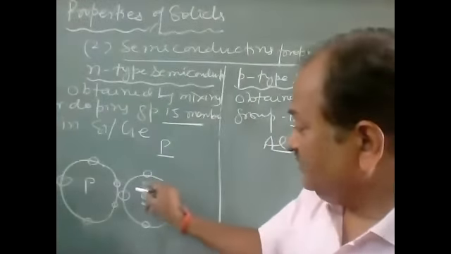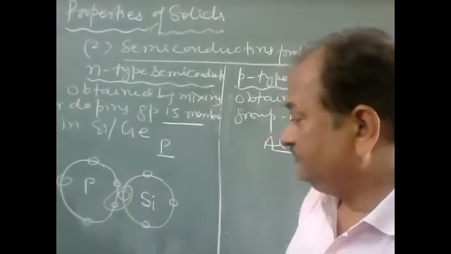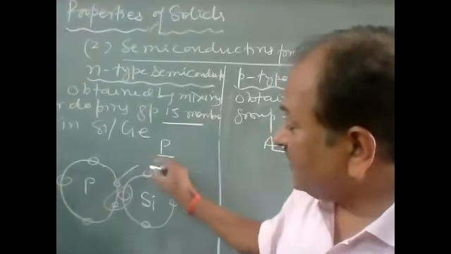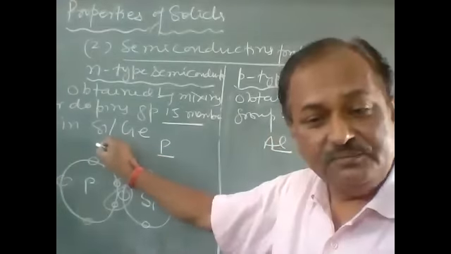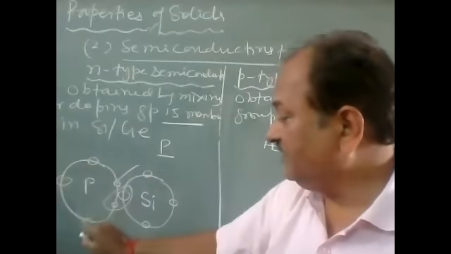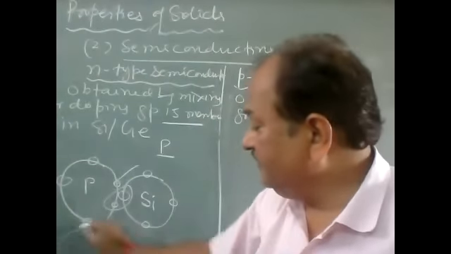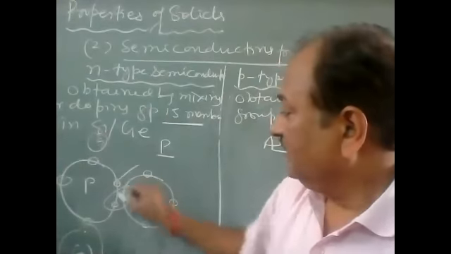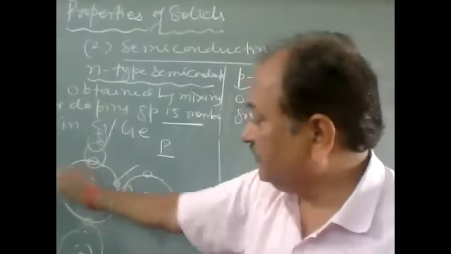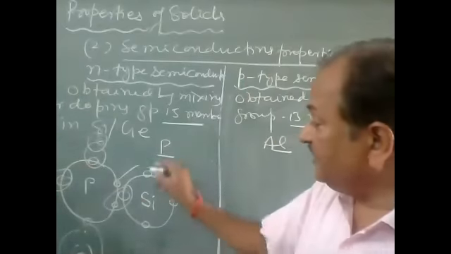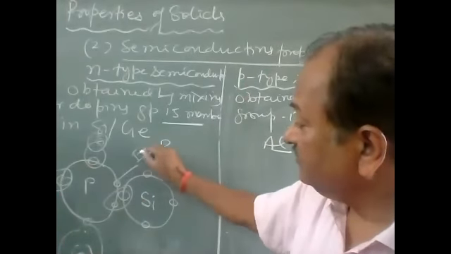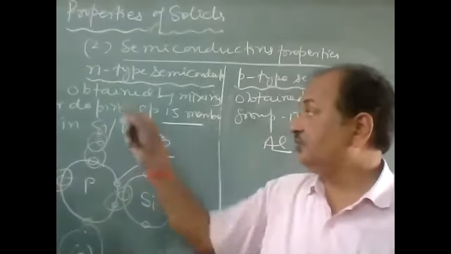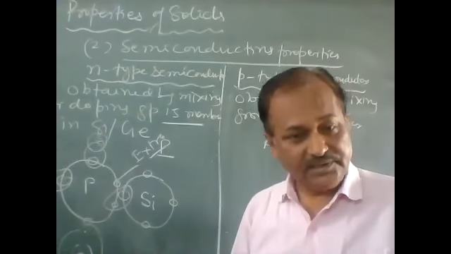Here there is the bond, and this extra electron. If there is more silicon here, there will be 4 silicon atoms attached, and so there is formation of 4 covalent bonds. But this electron is extra, and so this is called N-type semiconductor.